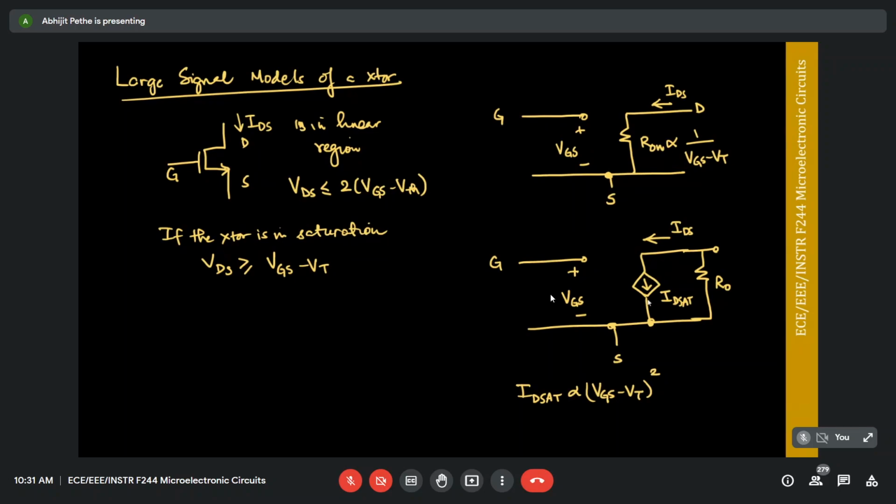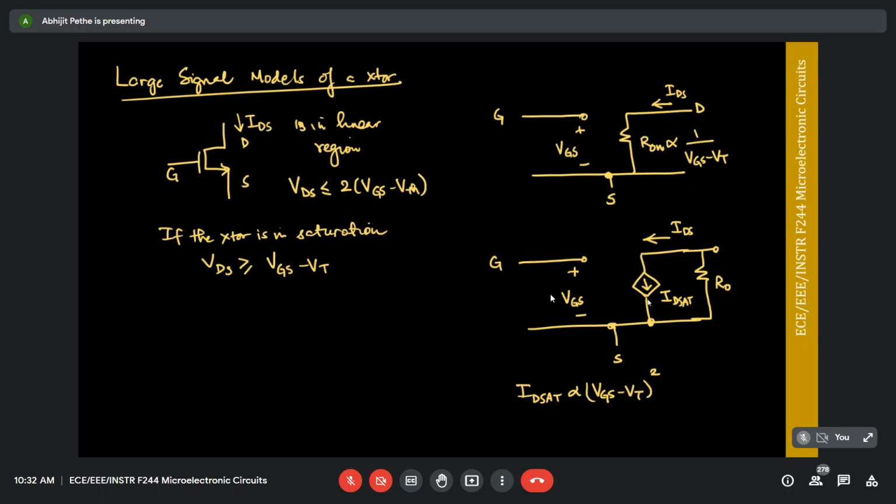In this class, we are going to be working on amplifiers, or what are known as small signal models. We will first learn how to bias a circuit, and once we learn biasing, then we learn how a circuit works as an amplifier around the bias point. So before we go any further, let's solve a problem related to this.